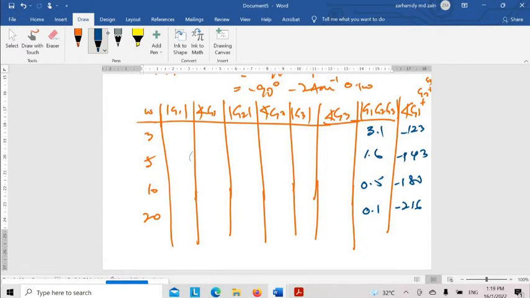Yang ni kita akan concentrate, after we sketch the root locus. When we draw the Nyquist diagram, I will show you the theoretical way to find the gain margin and phase margin.